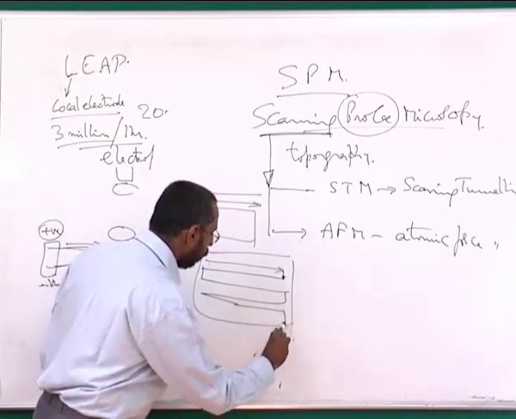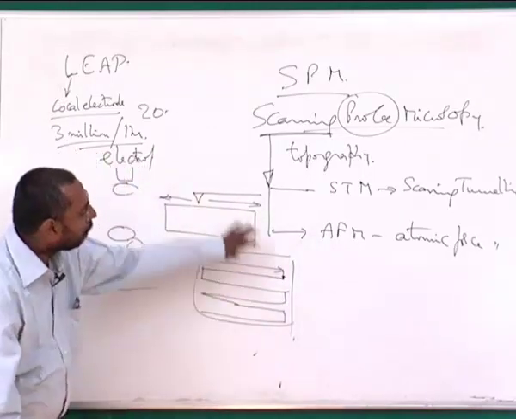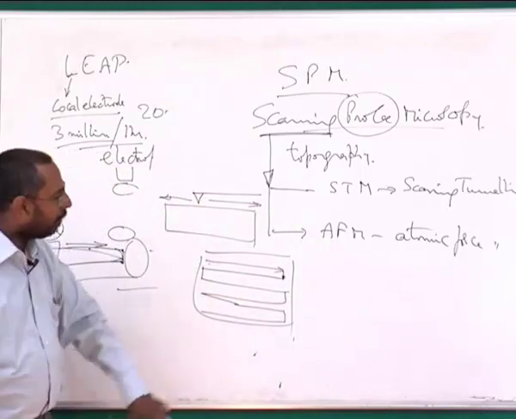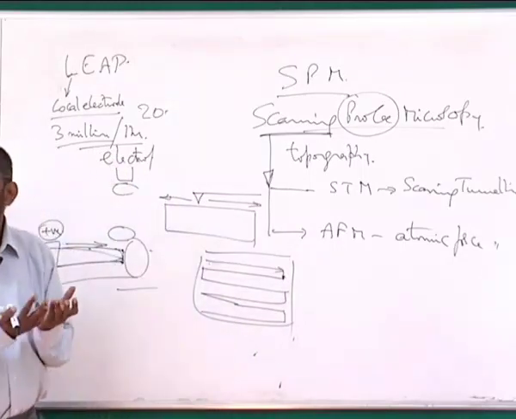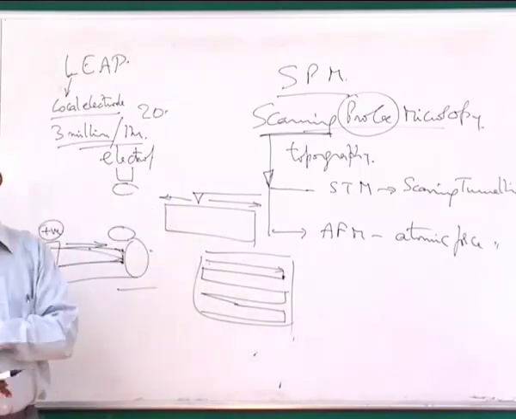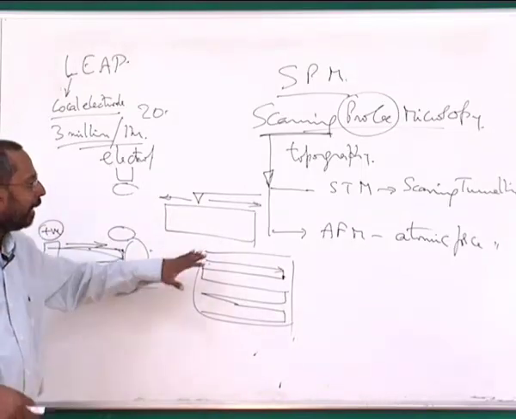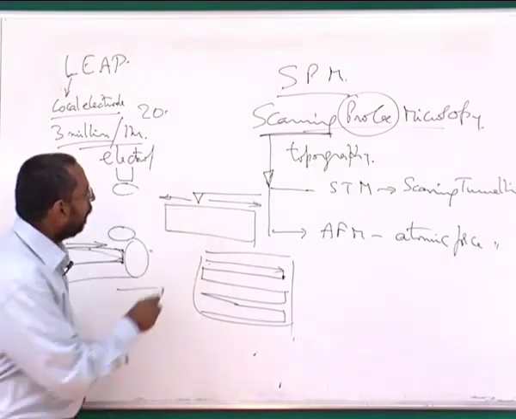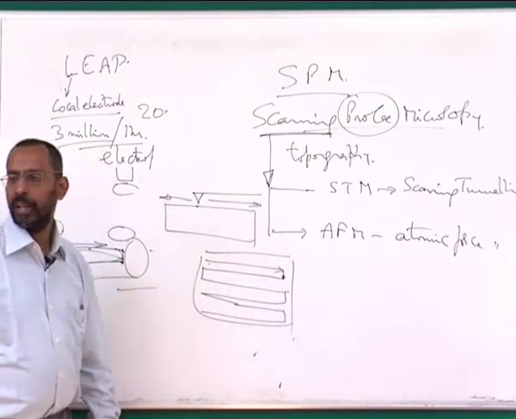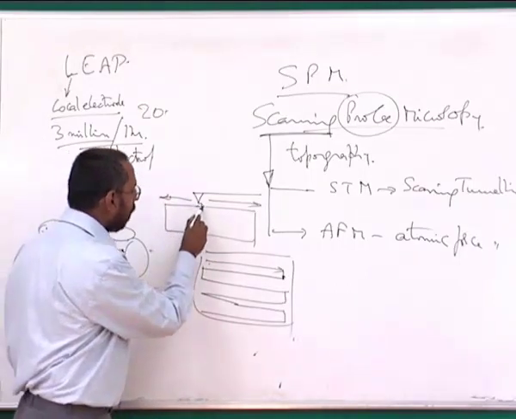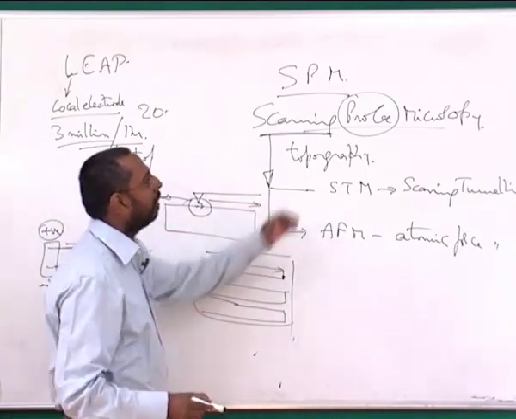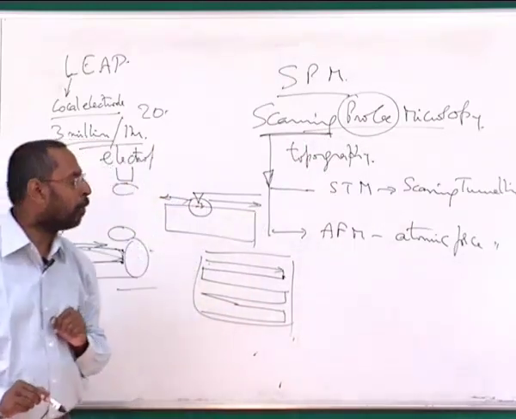If you keep on doing it, you will be able to cover the whole sample. While covering the whole sample, you will be able to see how the features of the surface are by looking at how this probe interacts with the sample. And this probe surface interaction is what is measured in scanning probe microscopy.